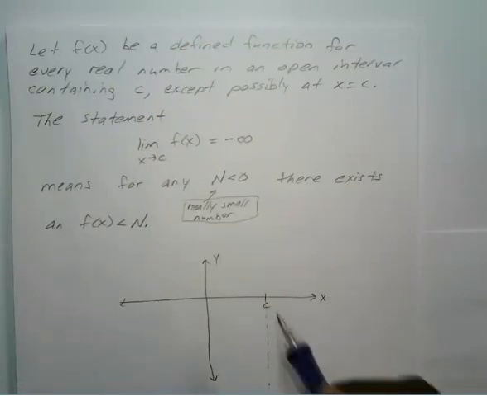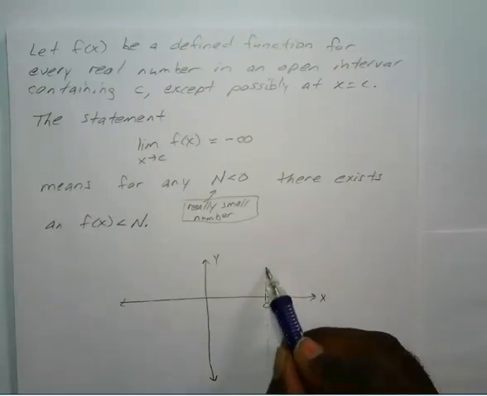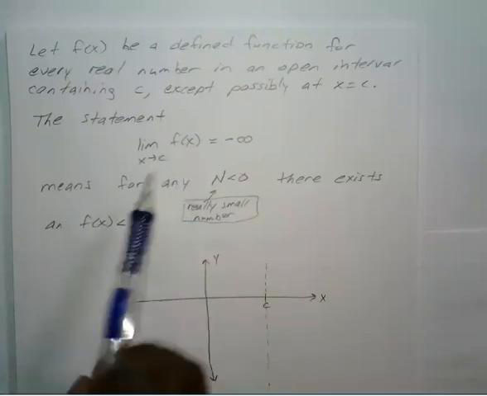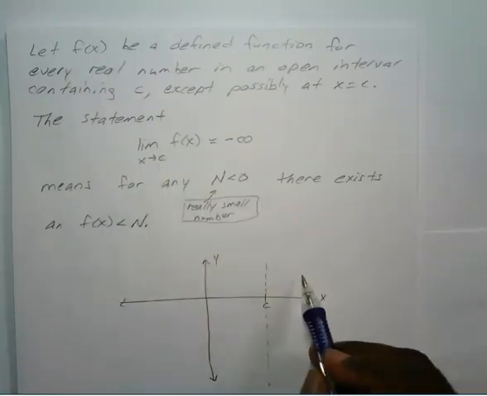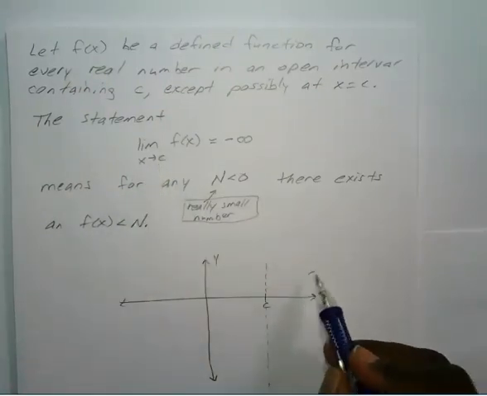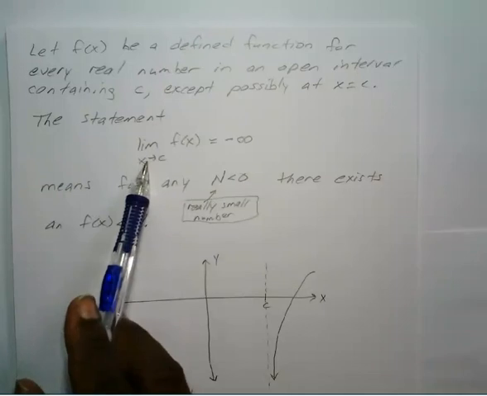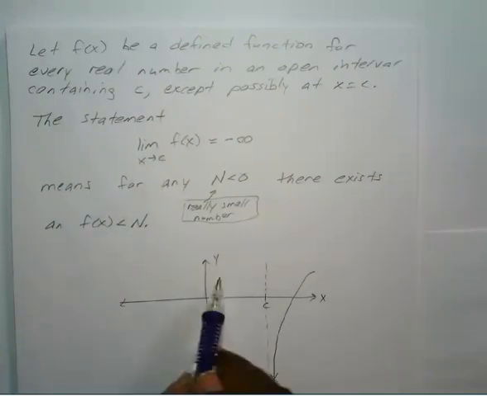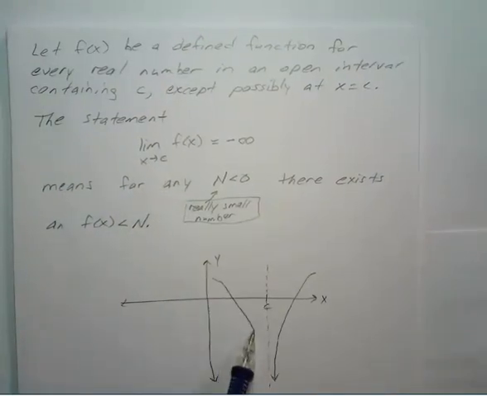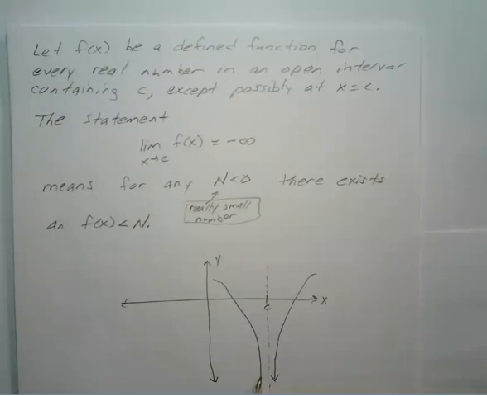What we're saying is, as x gets closer and closer to c from the right, the f of x number just keeps getting smaller and smaller and smaller. And as x approaches c from the left, again, it just keeps getting smaller and smaller and smaller, non-stop.